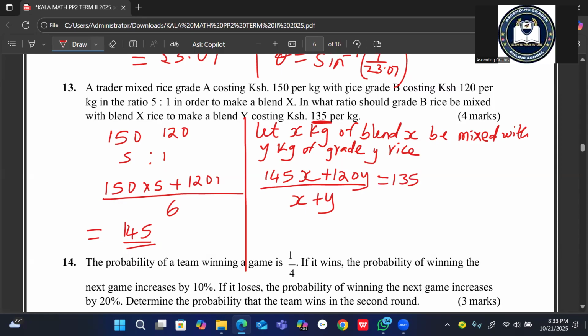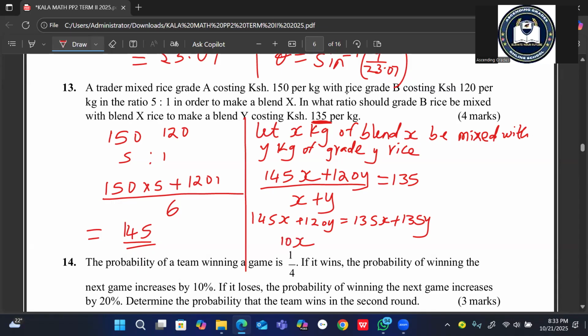When we solve that one, we have 145x plus 120y should be equal to 135x plus 135y. We can take 135x to this side, so it becomes 145x minus 135x, which is 10x.